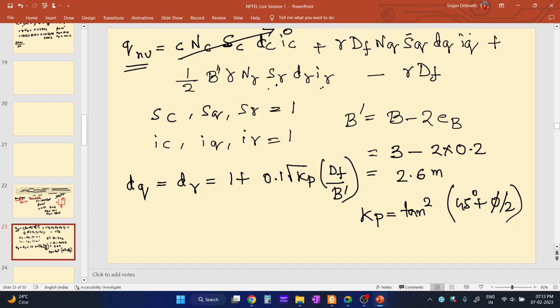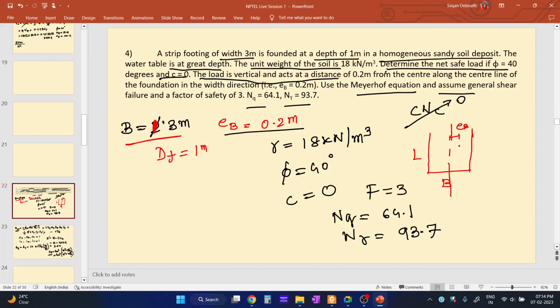So what is the value of phi? It is 40 degrees. Okay, tan square of 45 degree plus 40 by 2. So this one is Kp. Now we know the value of df, that is the depth of the foundation.